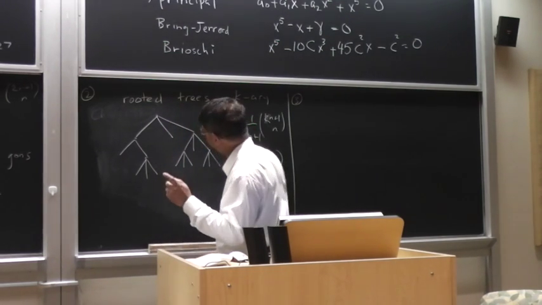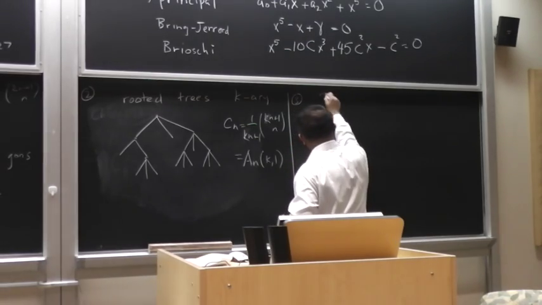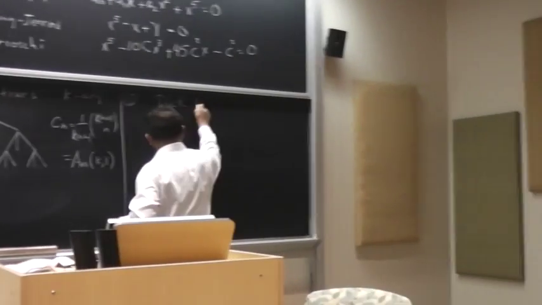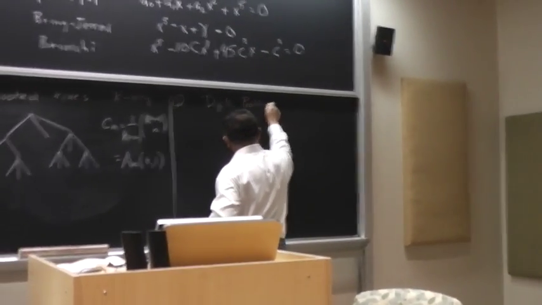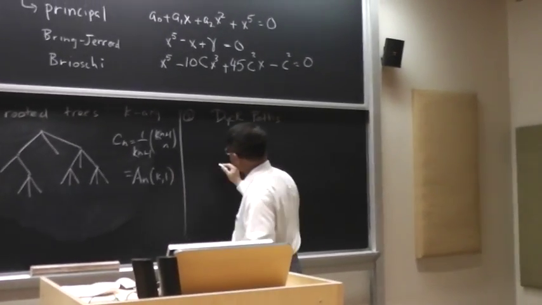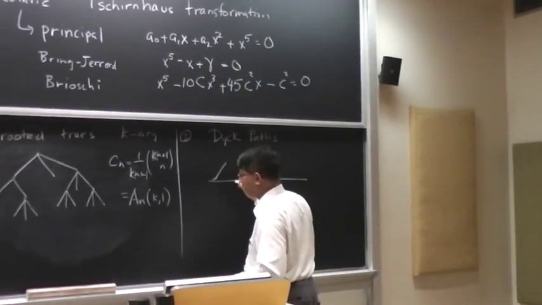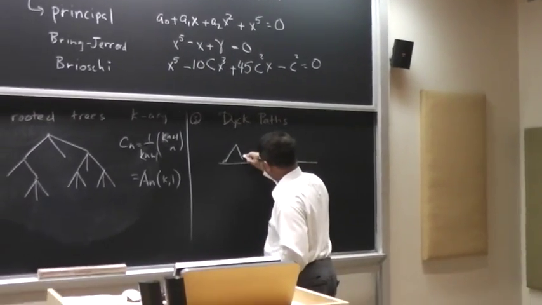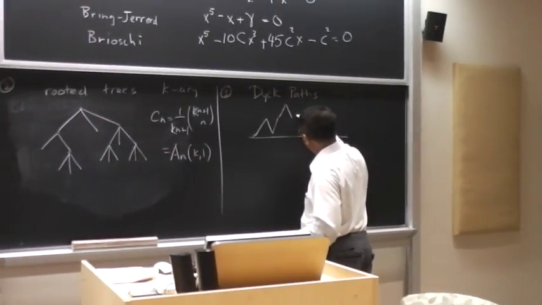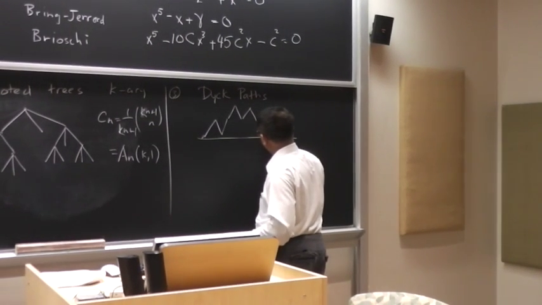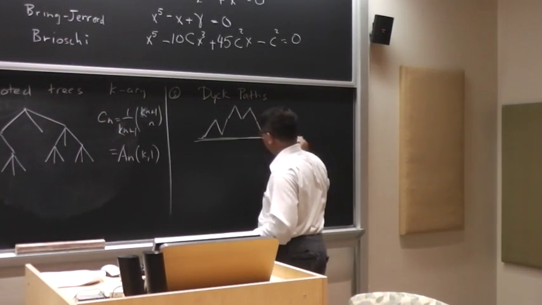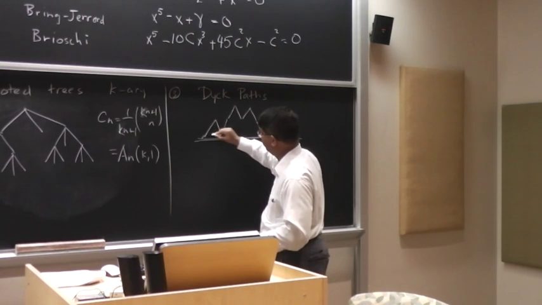All right, now the third and the last one is called Dyck paths. Suppose we have a random walk. We start at 0 and we can go up or go down. But it always has to stay on or above.